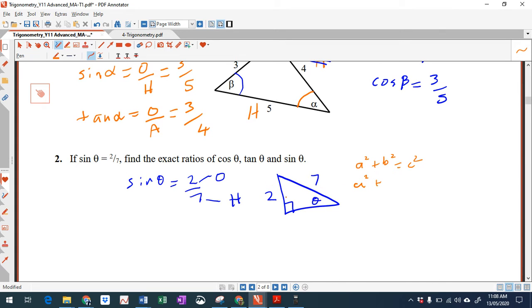All right, so let's just say this is a, this is b, and this is c. So you're going to have a squared plus 2 squared equals 7 squared. That gives you a squared equals 7 squared minus 2 squared. So a squared is equal to 49 minus 4, which is 45.